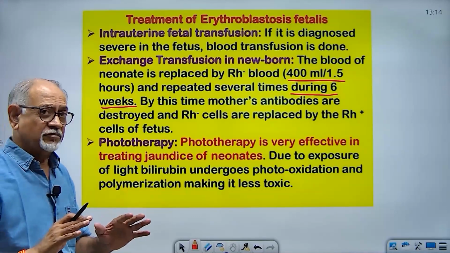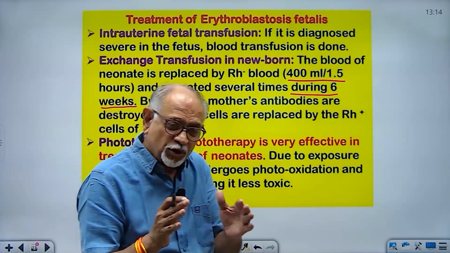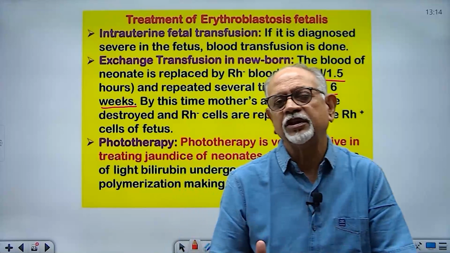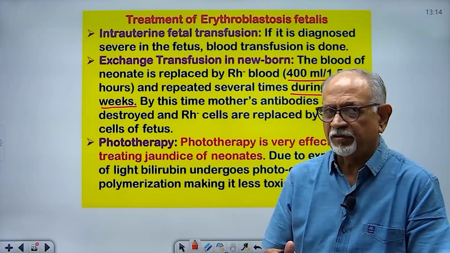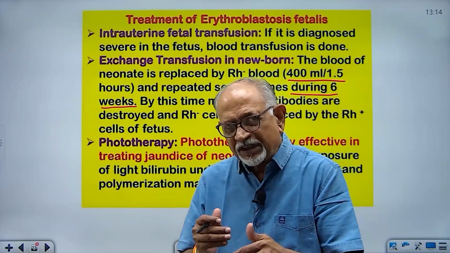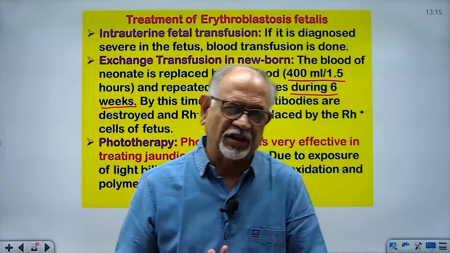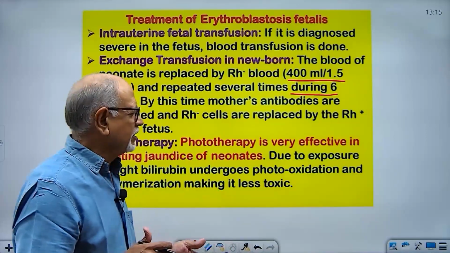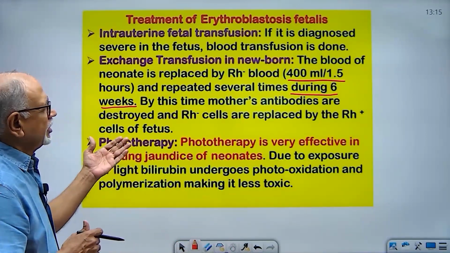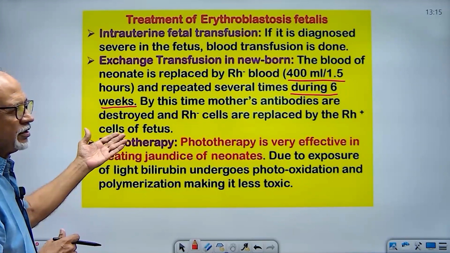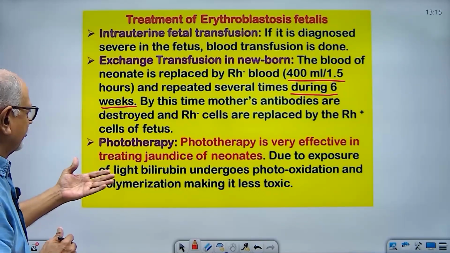By this time, the antibodies which have passed from mother to the fetus and are already there in the circulation of the child are destroyed, and then the blood is replaced by the Rh positive cells.